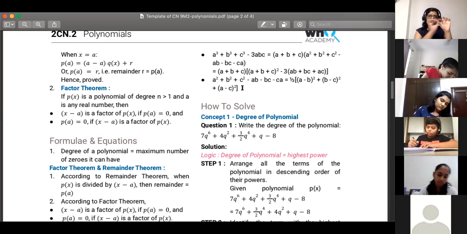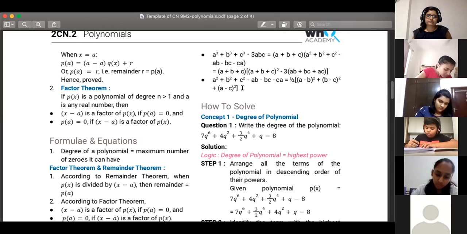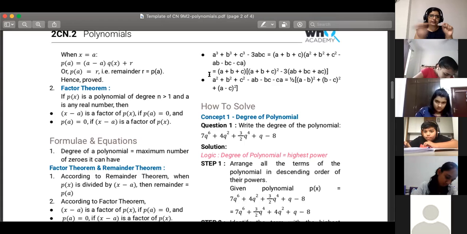Chota sa gap, just one line. दोनों के बीच में leave a gap sufficient for one identity, one line.